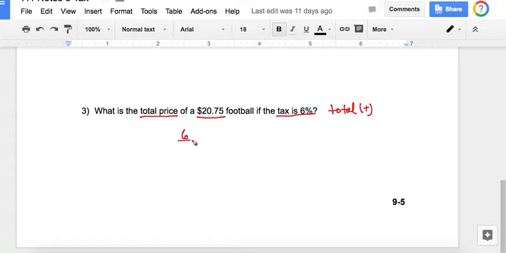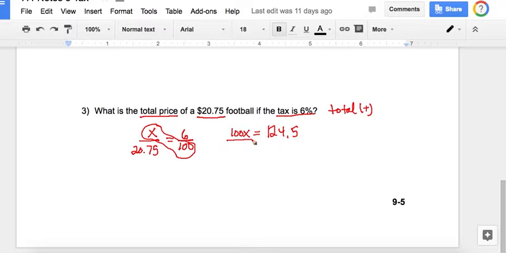So what's percent out of 100? So we're going to put 6 over 100. Since I need to find the tax first, I'm going to put x over $20.75. And once again, 100 times x is 100x. And 6 times 20.75 is 124 and 5/10.